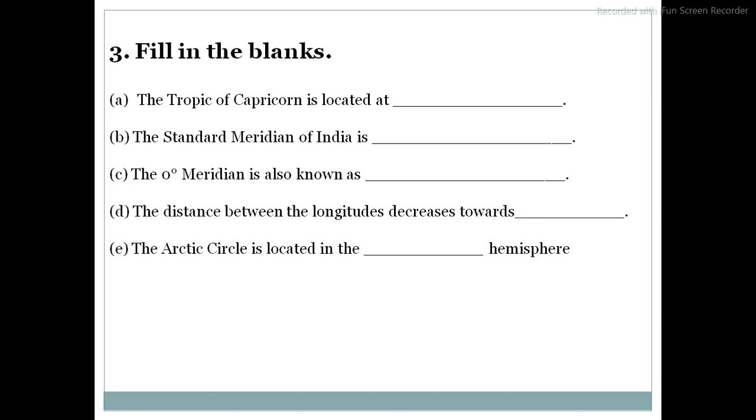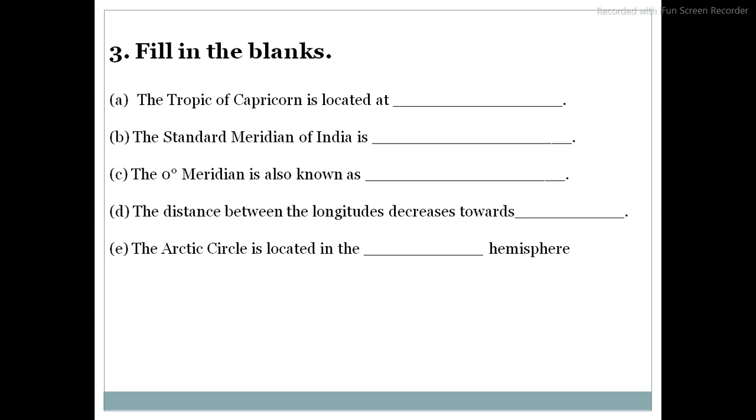Good, Nidhi. Next, fill in the blanks. All the cadets, please see the fill in the blanks first. The fill in the blanks are: A, the Tropic of Cancer is located at; B, the standard meridian of India is; C, the 0 degree meridian is also known as; D, the distance between the longitudes decreases towards; and the last, the Arctic circle is located in the dash hemisphere.